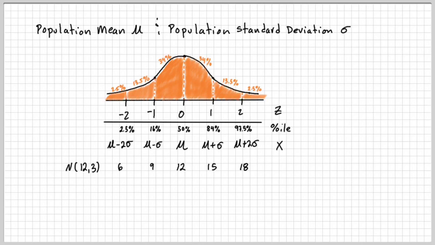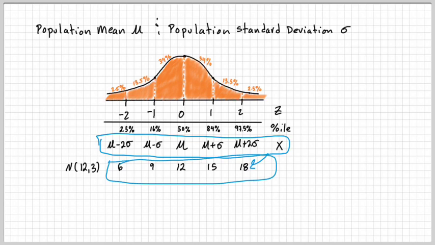So we subtract 3 from 12, and then we subtract, in this case, 6 from 12, because we have to subtract 2 times sigma. Sigma, again, is 3. So 12 minus 3 gives you 9. But this right here is something to fill in to make the appropriate values of the spread from the mean for the random variable x.